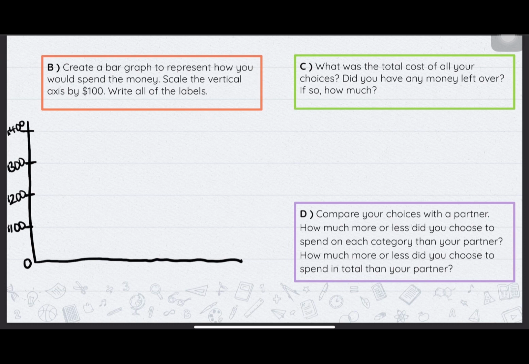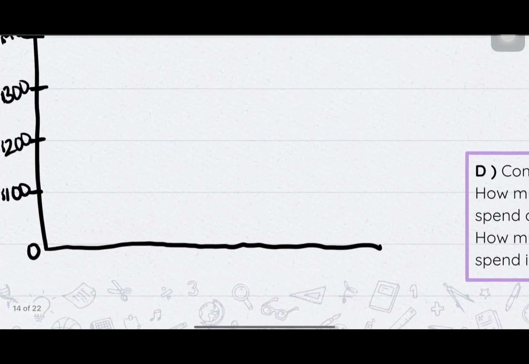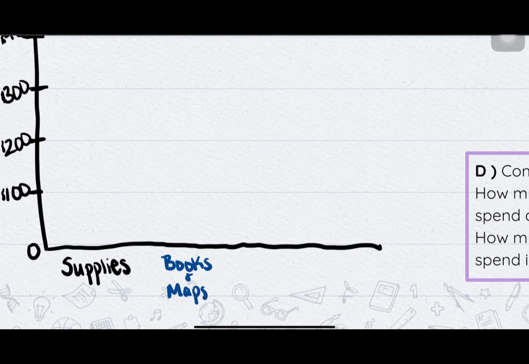So let's mark out what each category is. So our first category is supplies. Our second category, books and maps. Our third category is the puzzles. And then lastly, our special items.